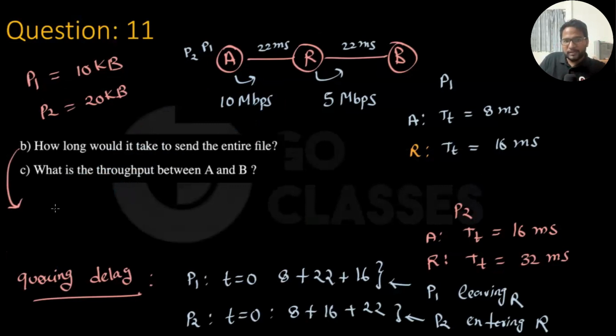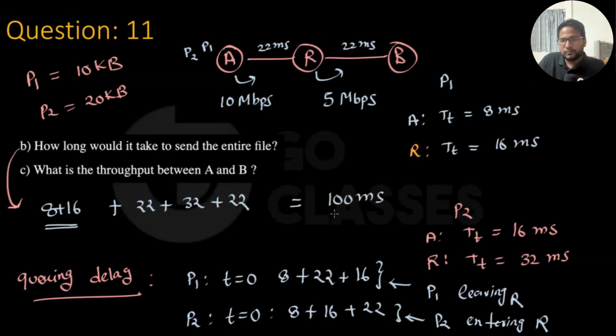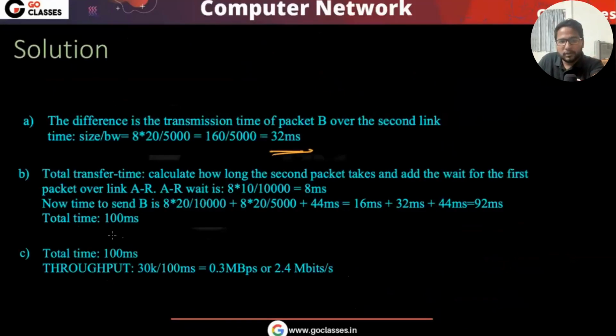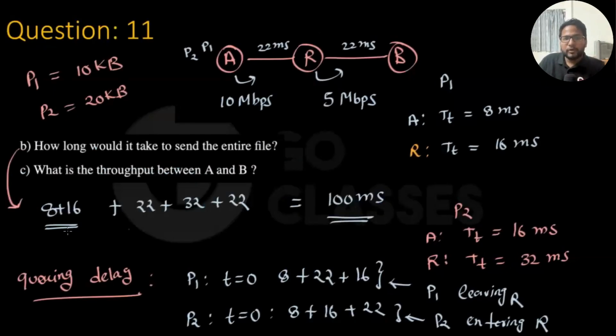It will be 8 plus 16, right? 8 plus 16 is the total transmission time for both the packets. And then the last packet will take how much time? 22 milliseconds from here, and then 32 milliseconds from here, and 22 milliseconds from here. So this is the total time, which is coming out to be 100 milliseconds. Right? You can sum this up. Is this fine to everyone?